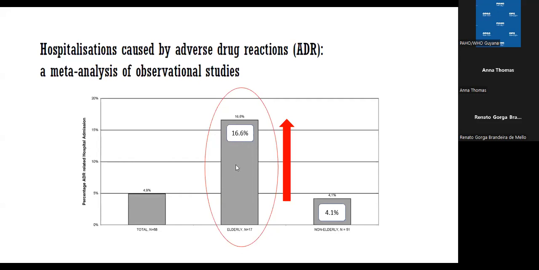Almost 17% of all medical hospitalizations among elderly patients are caused by adverse drug reactions. And most important, 88% are preventable with simple measures, simple procedures, and care, proper prescribing in all the places.